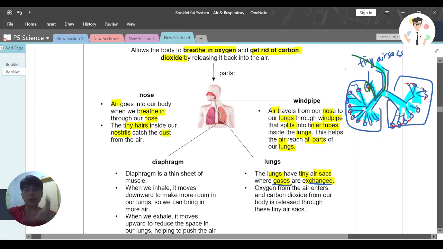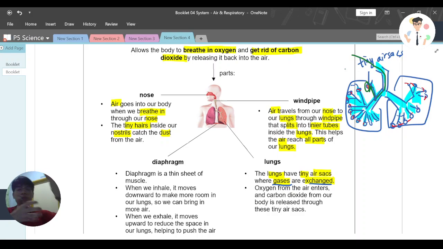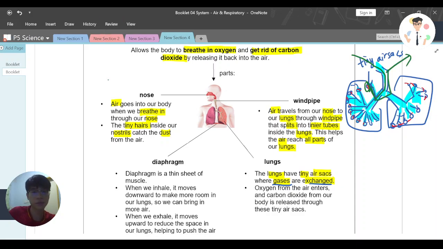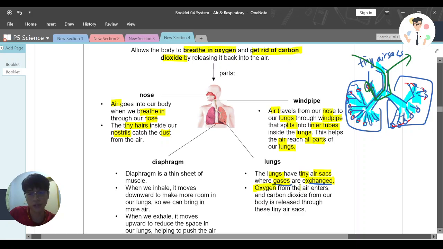The blood vessel has blood inside, and the blood will carry the oxygen to other parts of the body. At the same time the carbon dioxide is carried by the blood, goes back through here, then is breathed out. So oxygen from the air enters and carbon dioxide from our body is released through these tiny air sacs.